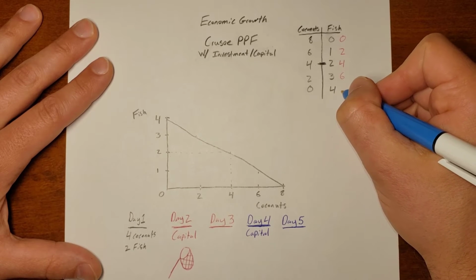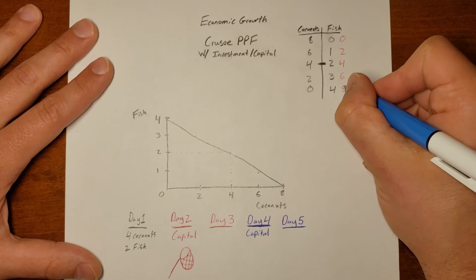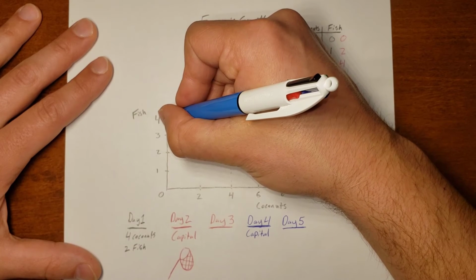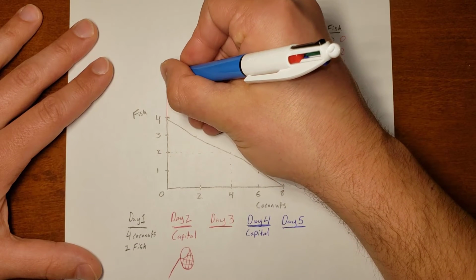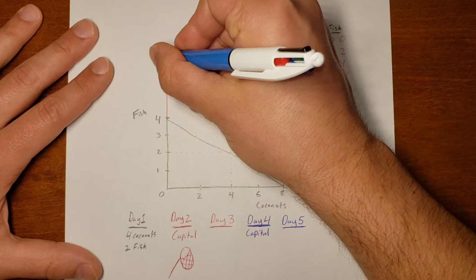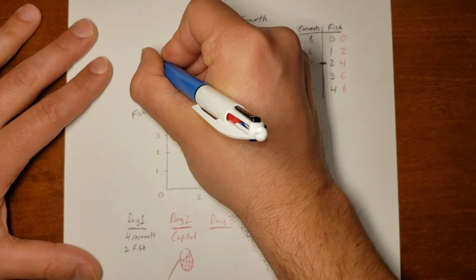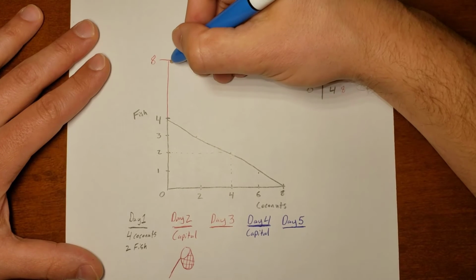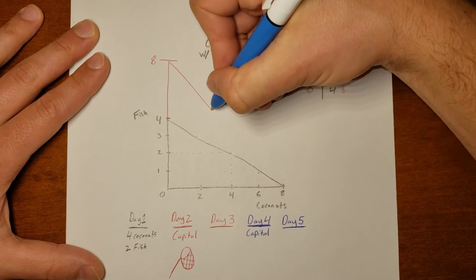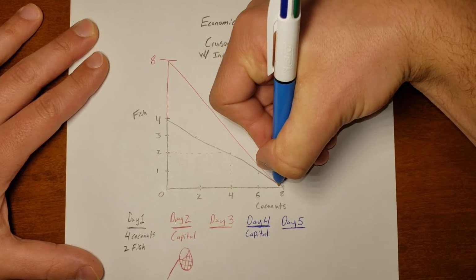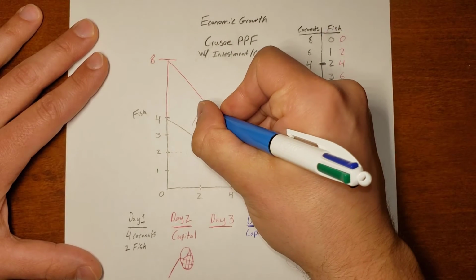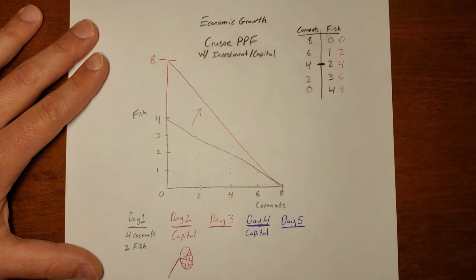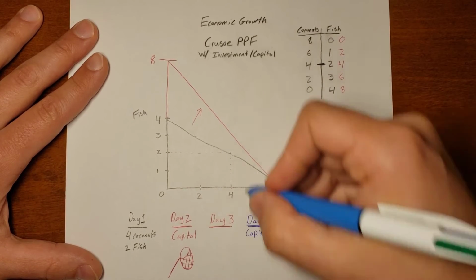And all of his time catching fish is going to be 8 instead of 4. And so what we're going to see here is the growth of his production possibilities frontier. His maximum fish output is going to increase and grow because of his increased productivity from the capital he's invested in.